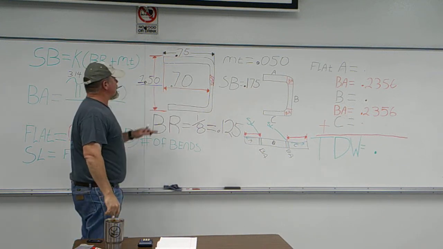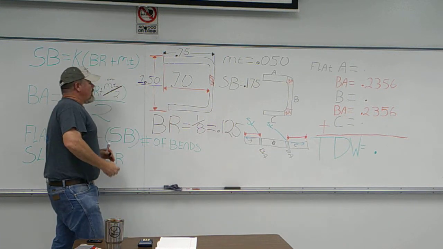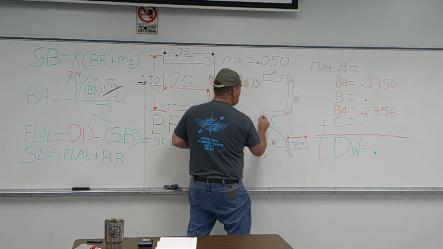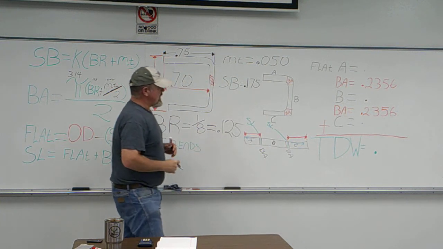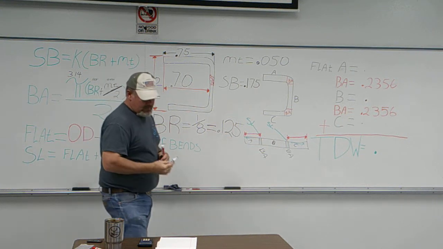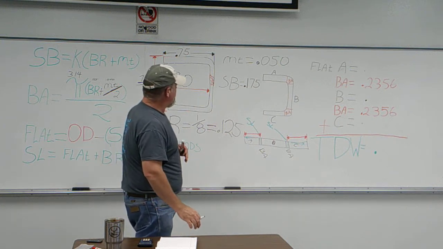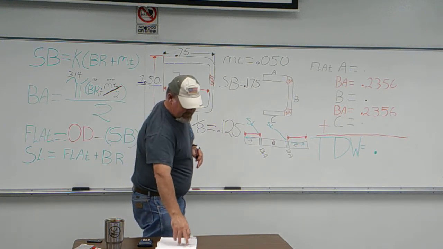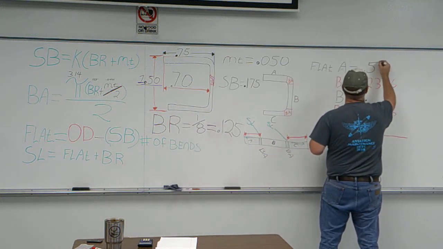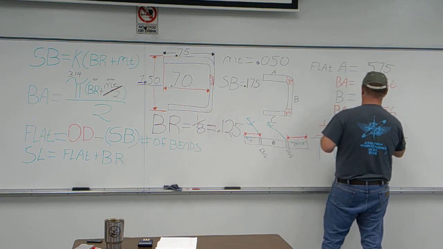So we're going to subtract setback from 0.75, which is our true outside dimension. We're going to take that, and then that will allow us to solve for Alpha and Charlie simultaneously. They're both the same length, they have the same dimensions, which will give us, we take 0.75, subtract 0.175, and that gives us 0.575 twice.